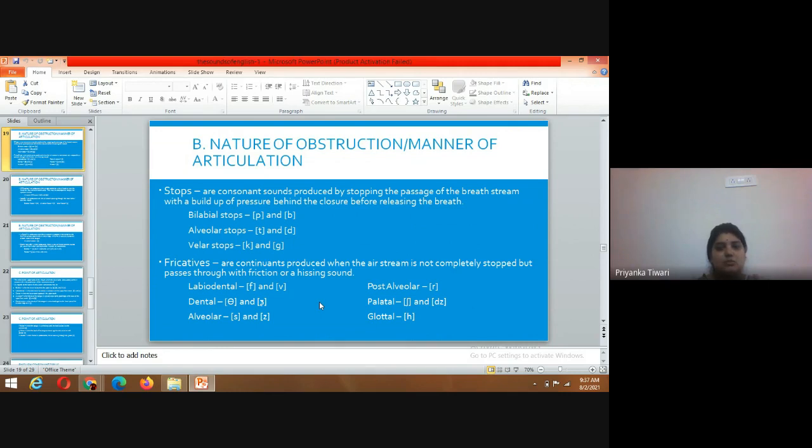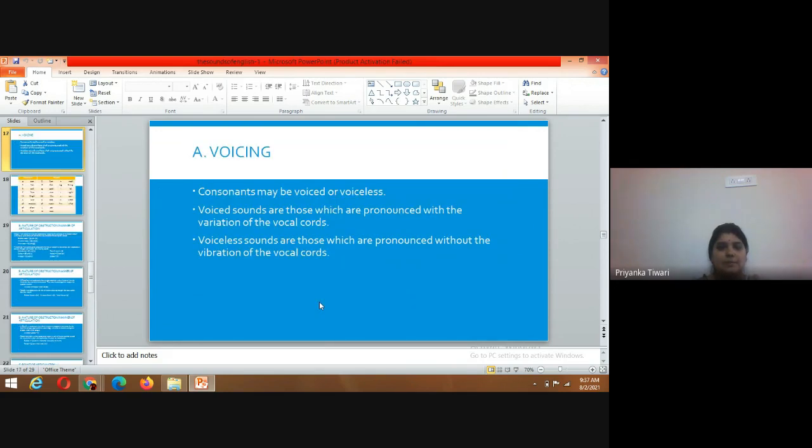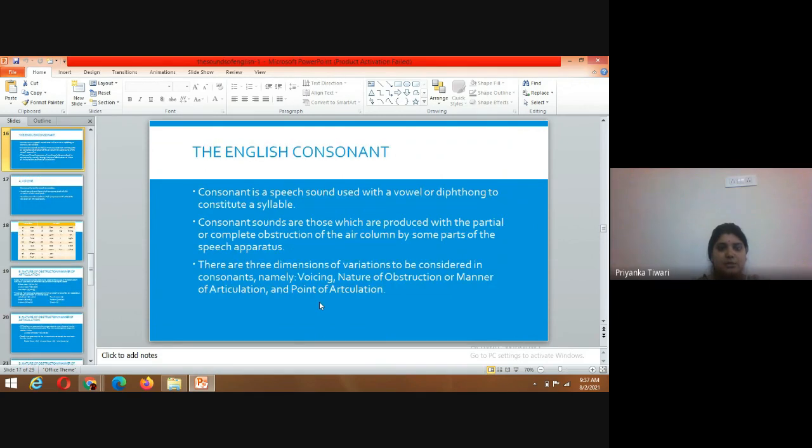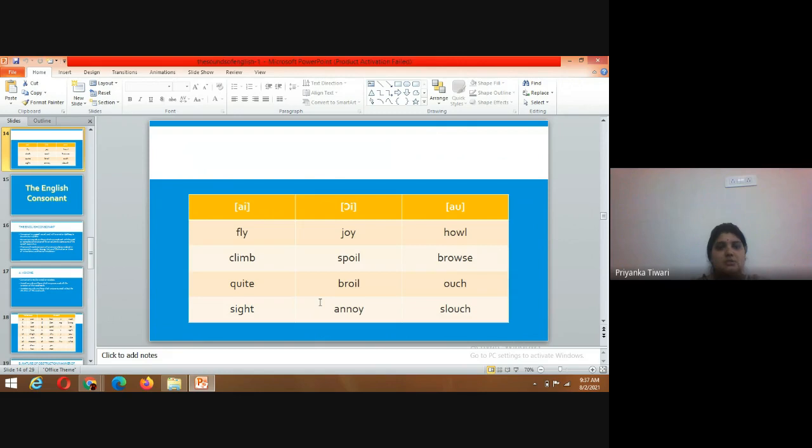Fricatives are continuous sounds produced when the airstream is not completely stopped but passes through with friction or a hissing sound. Voiced and voiceless sounds we have also discussed, the voicing part of English consonants.